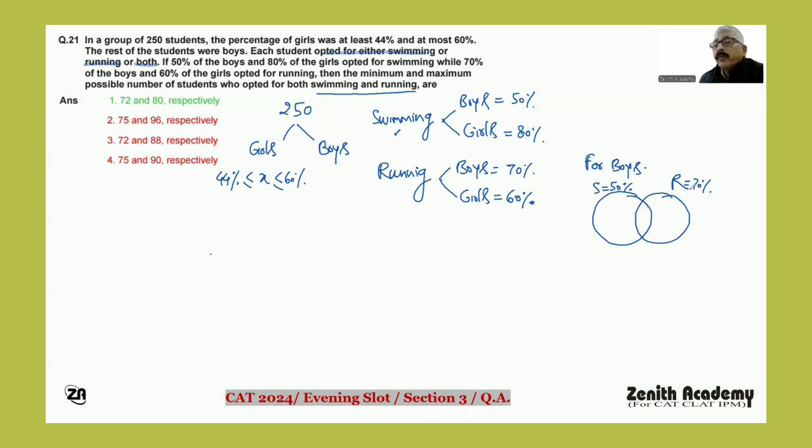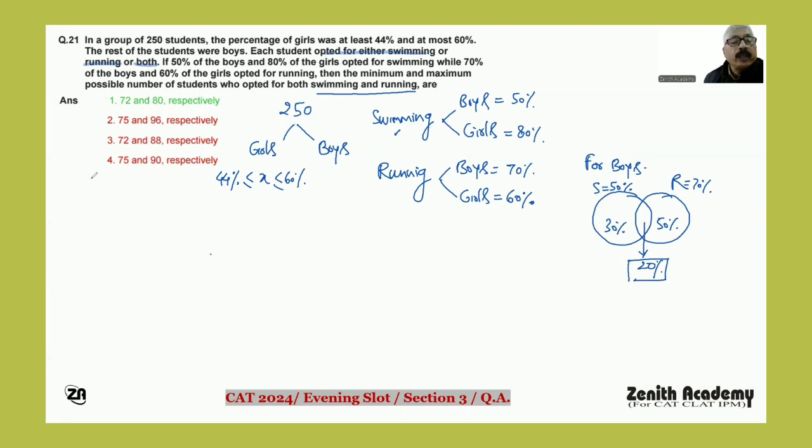So 50 plus 70 is 120. It means the common is 20. So it is 30% only swimming, 20% common, and 50% boys opted for only running. So this 20% is common for both swimming and running.